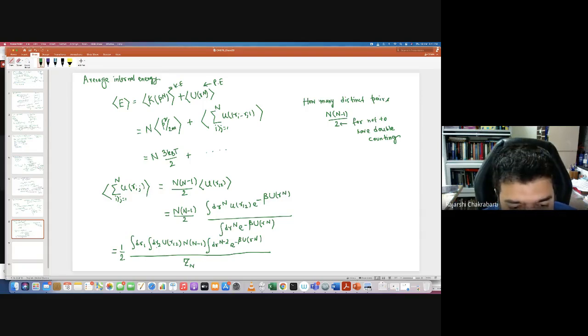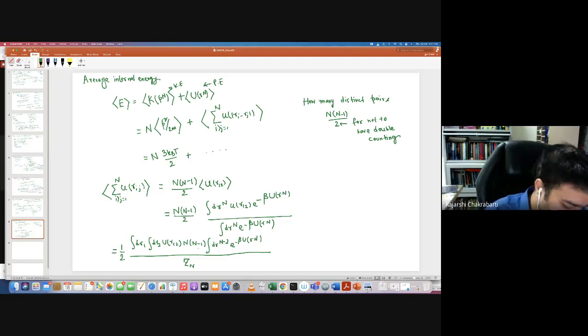So I wrote dr1, dr2, and then dr3 onwards I grouped, put them here. N into N minus 1 I put it inside and put U(r12) here. Okay, why I did that? Any idea why I did that?